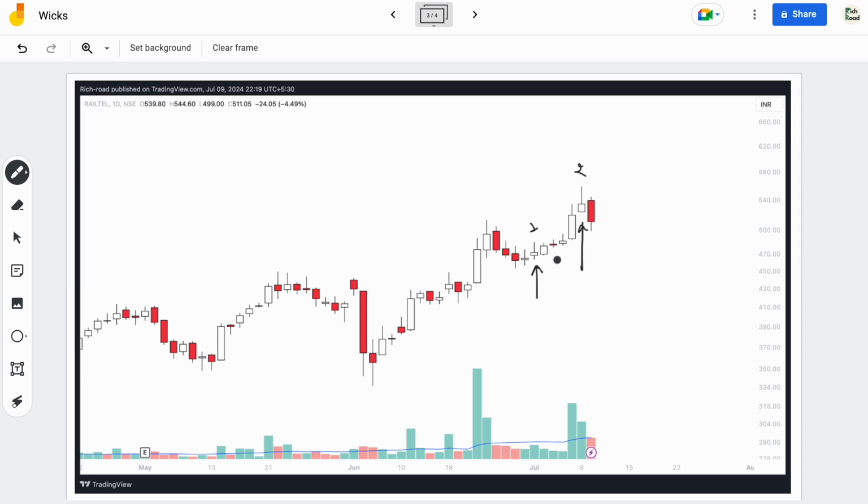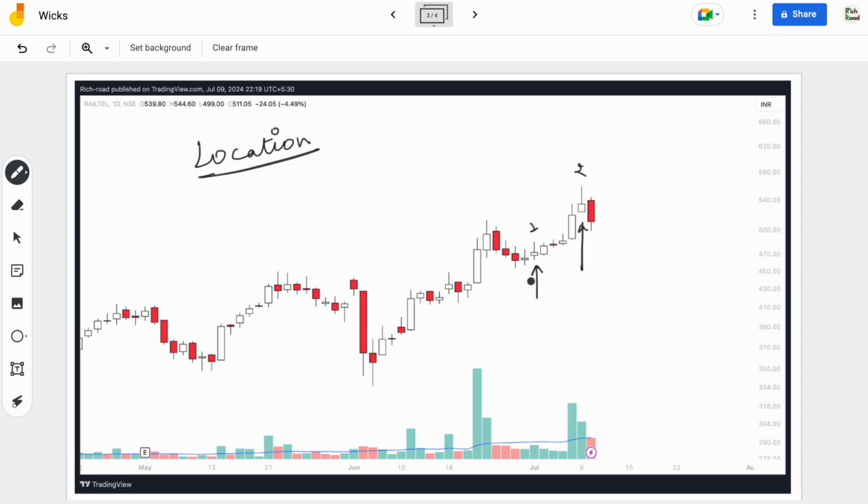So they are a bit different, but again, if you see everything, these are the candles with wick on the upper side. Not exact carbon copies, but they are pretty similar. What is the difference? The biggest difference that you will see here is location. Where are they happening? That is the most important thing. Where they are happening and what was happening before that. What is that candle with the wick trying to do?